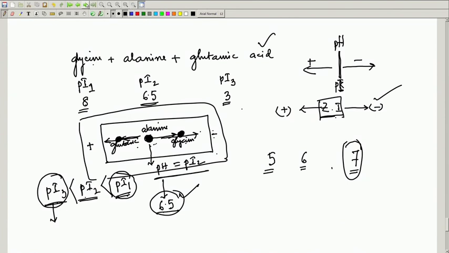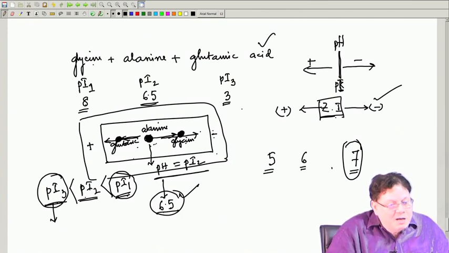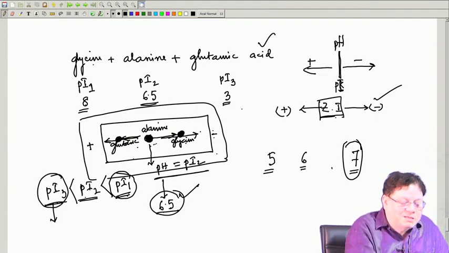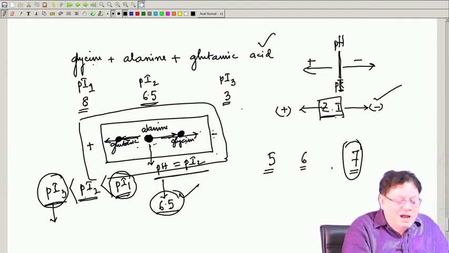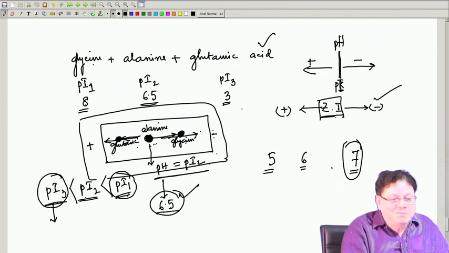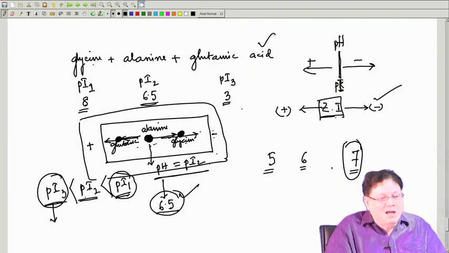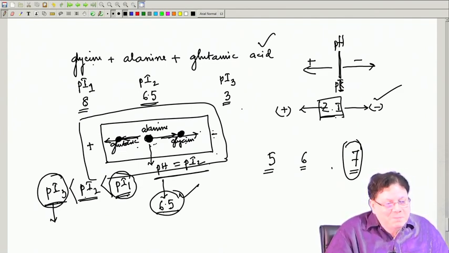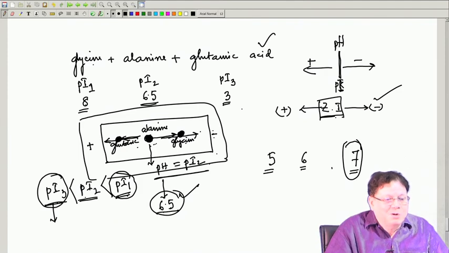Now, let us see one point. The basic point is how do I know where the amino acids are in this piece of paper, because amino acids are not colored. Although I have spotted the amino acid here to start with, and they have separated into 3 spots, the question is how do I know where these spots are? Okay. So, I should have something to visualize these amino acids.